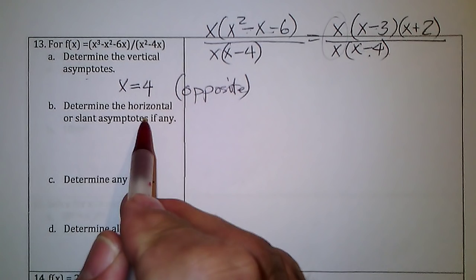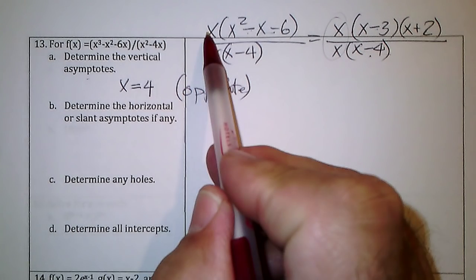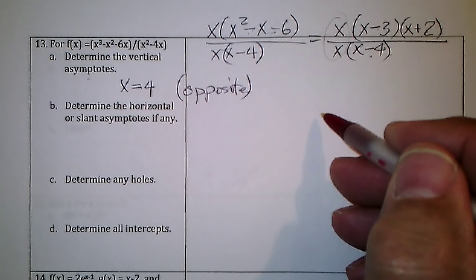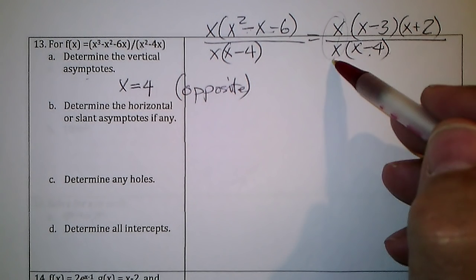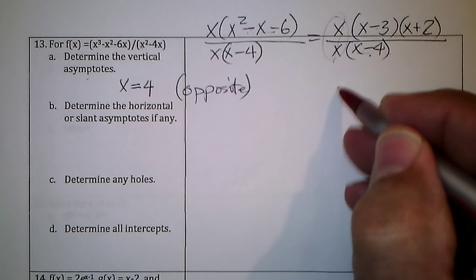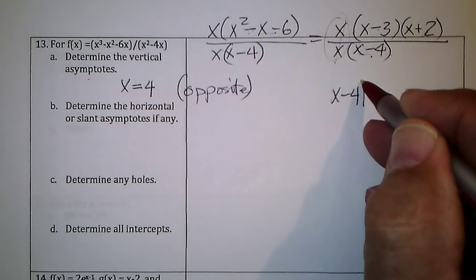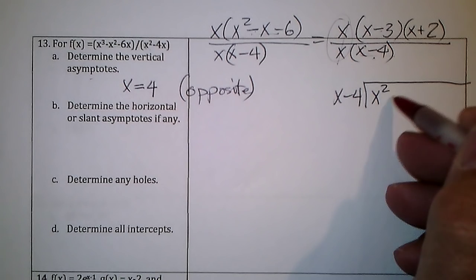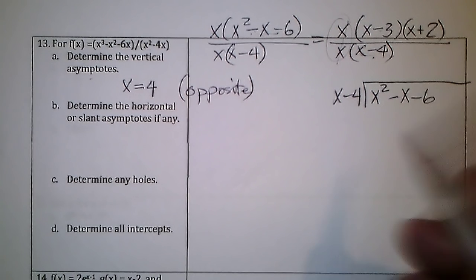Didn't ask for that, but it's helpful when you're trying to figure out what's going on. Horizontal or slant asymptotes: the degree of the numerator is 3, the denominator is 2, so you have to do long division. We can throw that part out, and so we just got to divide x minus 4 into what this was, which was x squared minus x minus 6.